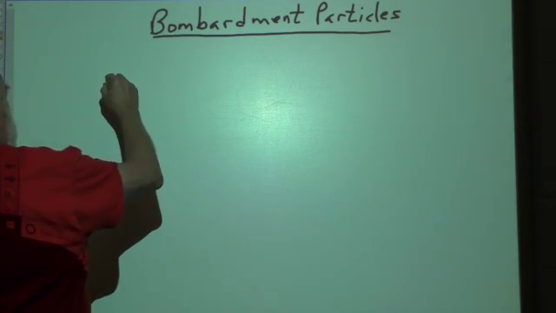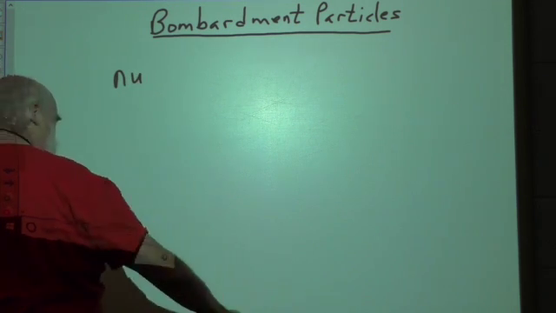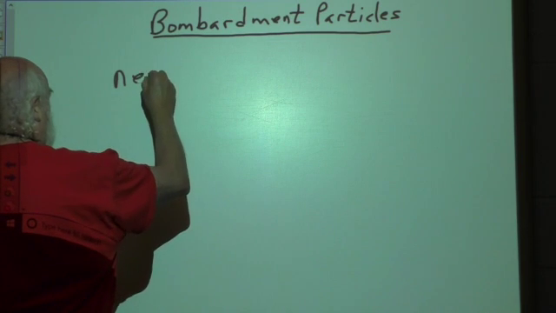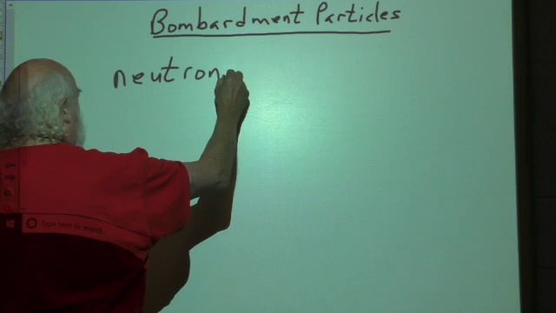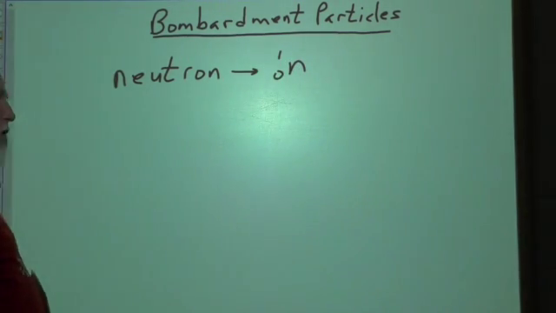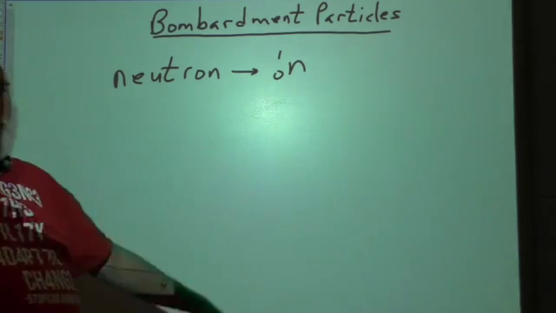The first one is the neutron. Found in the nucleus, but you can get separate neutrons being bombarded. The symbol for that is 1, 0. It has a mass of 1, but it does not increase the atomic number at all.